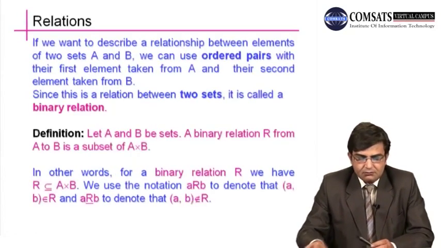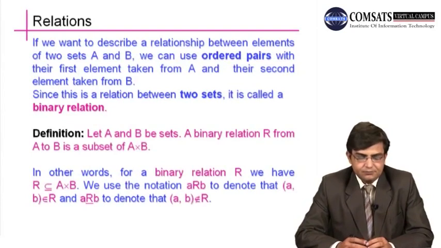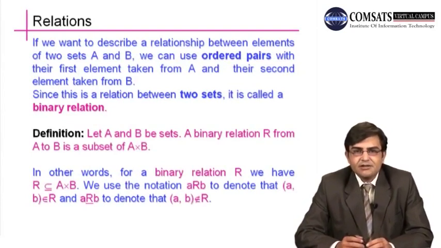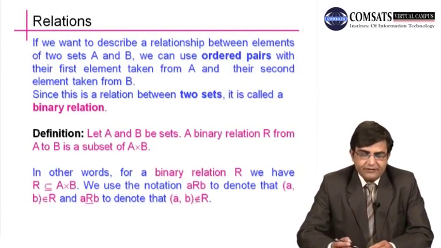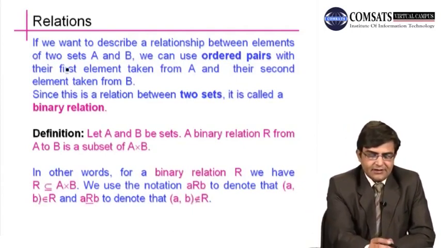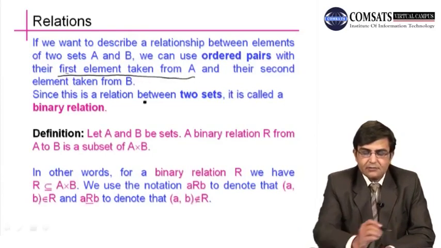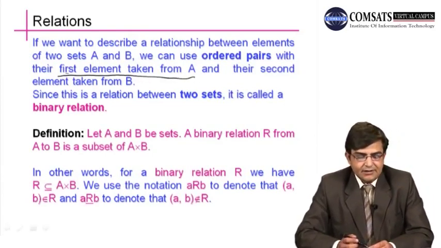Now let's define the relations. If we want to describe a relationship between two sets A and B, we can use ordered pairs. In mathematics we represent them in the form of ordered pairs, with the first element taken from the first set, and the second element usually taken from the second set.